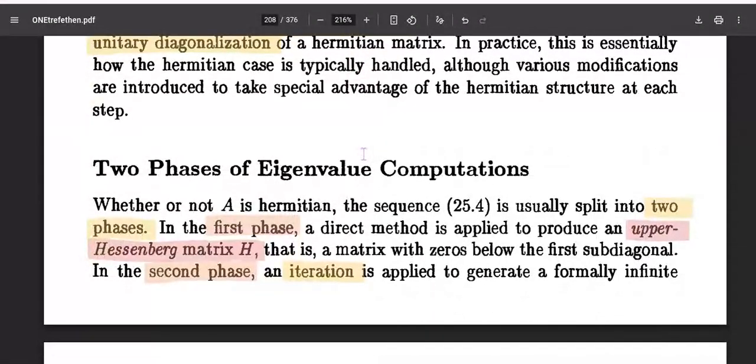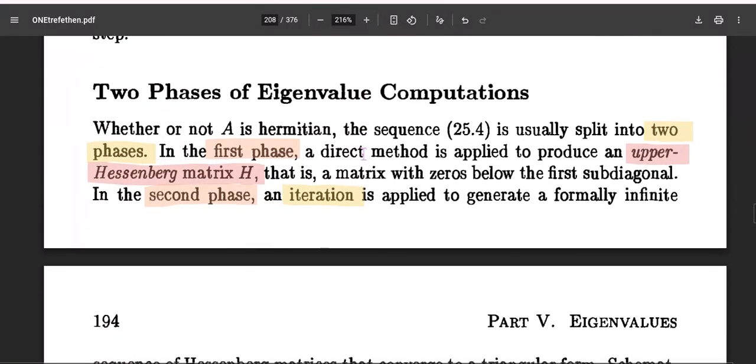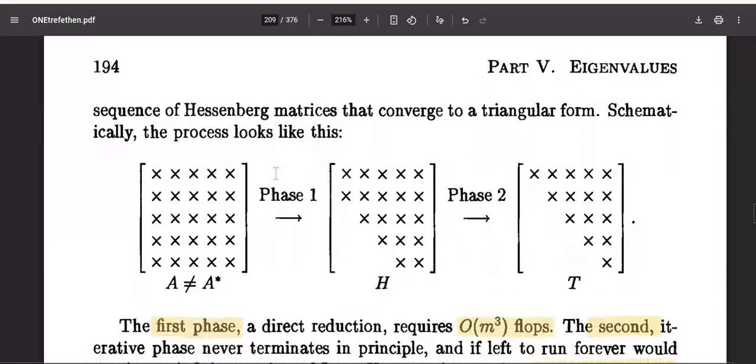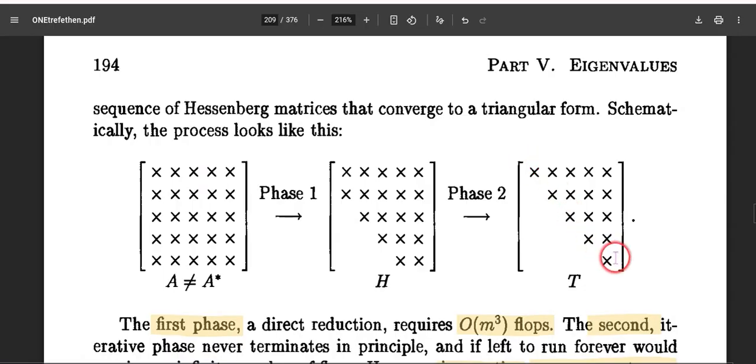So this iterative process for dense matrix eigenvalue computation involves two stages. One is to transform into a specialized Hessenberg matrix, and the second, as we mentioned earlier, is a sequence of iterative transformations so that it ends up in a triangular matrix, and the eigenvalues can be read along the diagonal values.